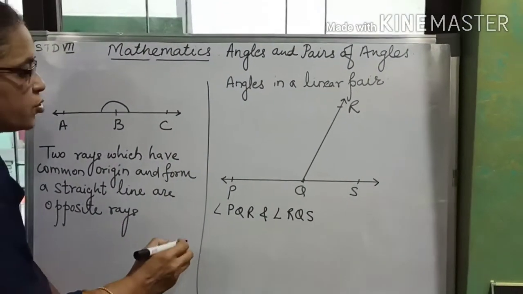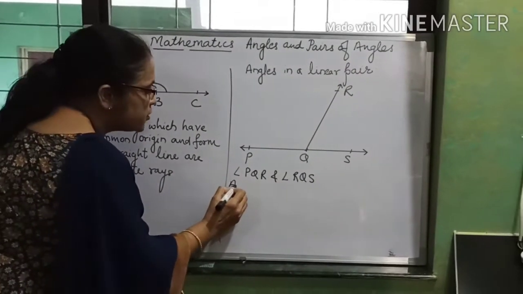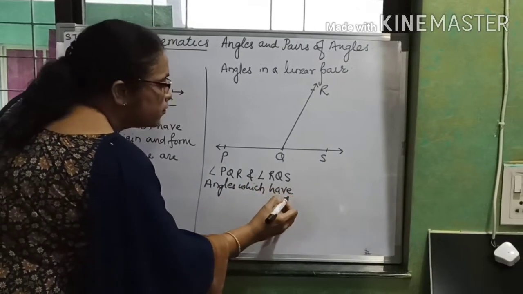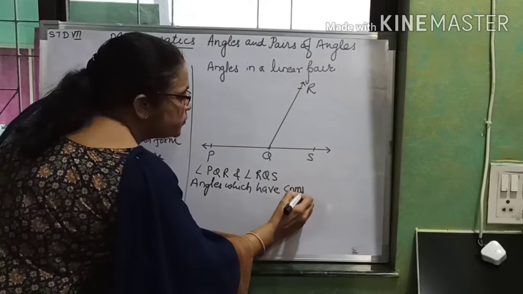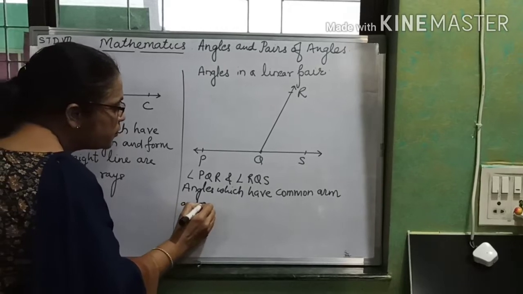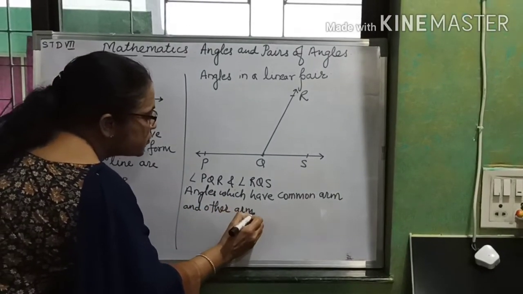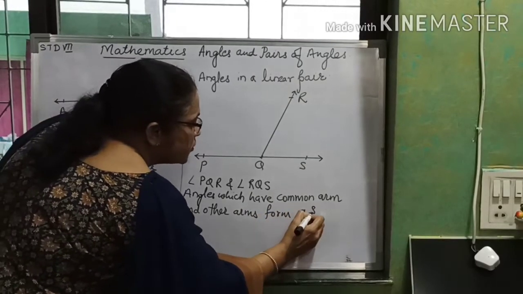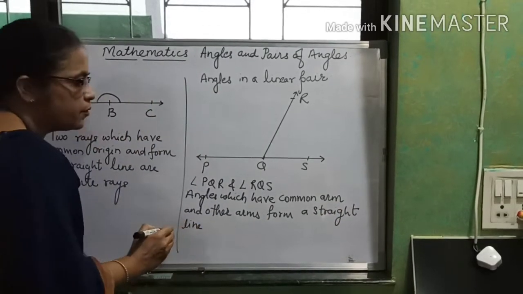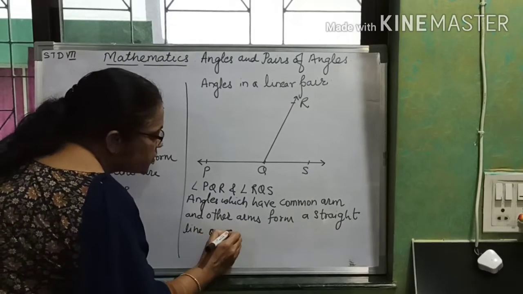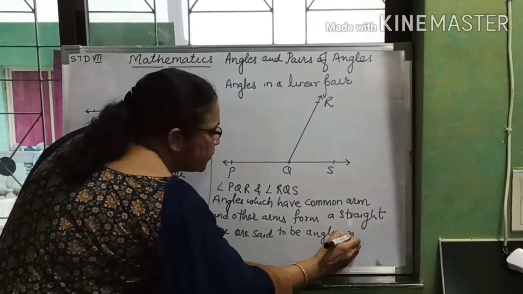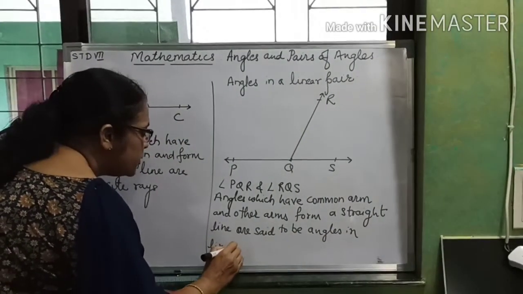So we can write the definition of angles in a linear pair. Angles which have common arm and other arms form a straight line are said to be angles in linear pair.